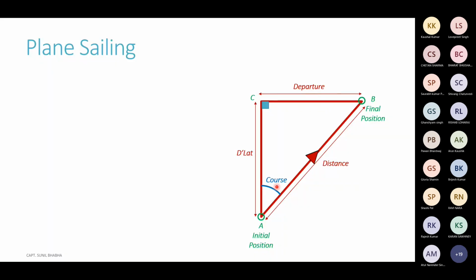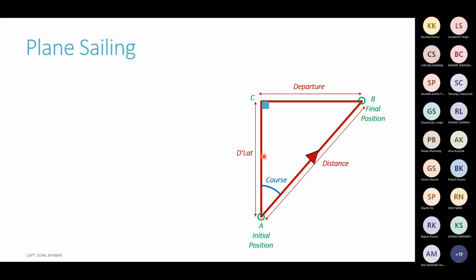Now considering this angle, that is angle A, as our course, the side AB of the triangle is the hypotenuse. Hypotenuse is the side opposite to the right angle. So side AB is the hypotenuse.